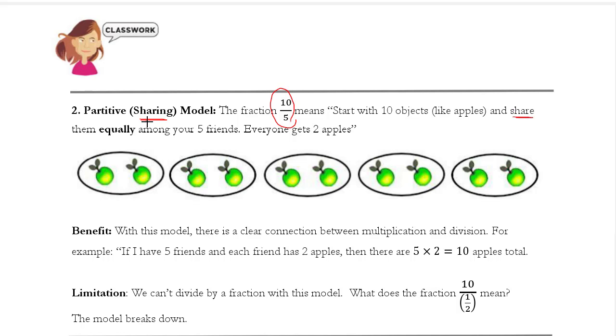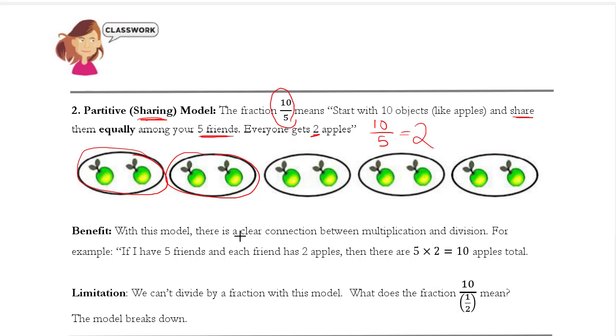This is why it's called the sharing model. I want to share them equally among 5 friends, right? Well, okay, everyone gets 2 apples, right? Because there's one friend, there's another friend, and so forth. And so that's why the fraction 10 over 5, we can also interpret it as a division problem, 10 divided by 5. That's why I can say that that does equal 2. That's how I can interpret it in the sharing model. Everyone gets 2 apples, okay?